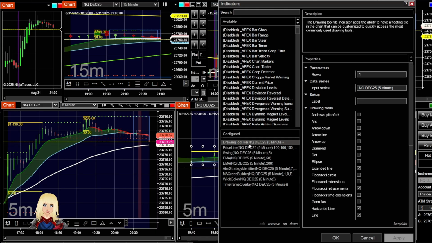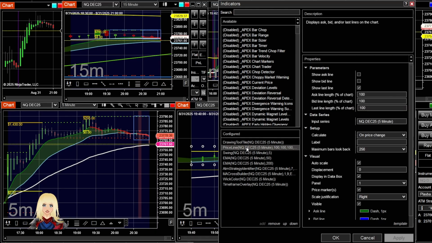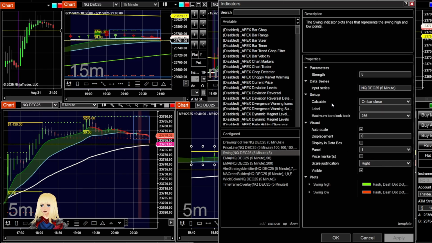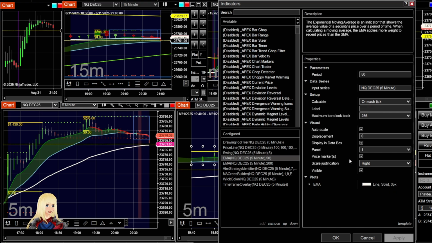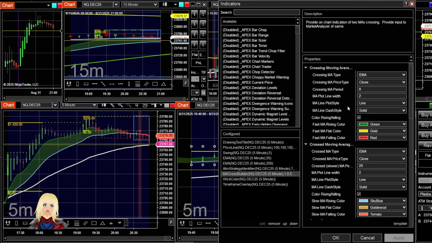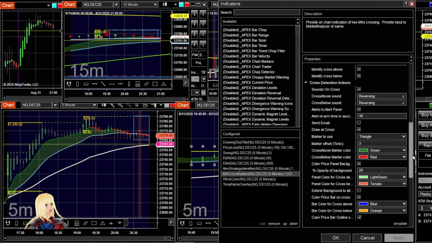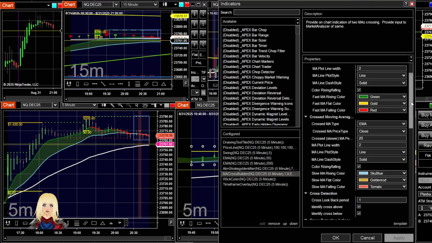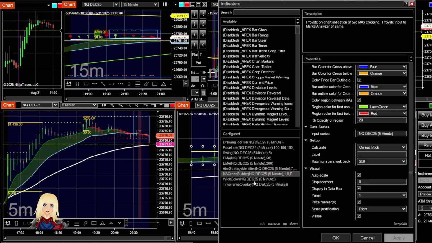I use the drawing tile tool, price line, the swing indicator, one of my favorites, the 50 EMA, the 200 EMA, ATM strategy identifier, and this is my favorite MA cross builder, which you have to get off of the website for NinjaTrader indicators.